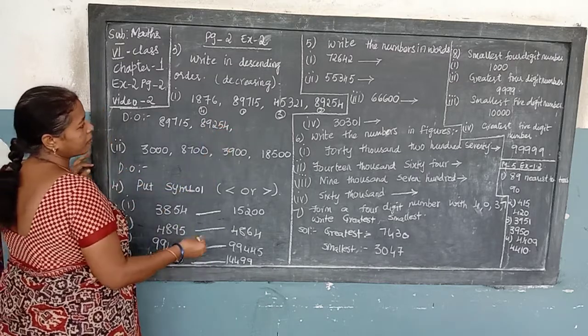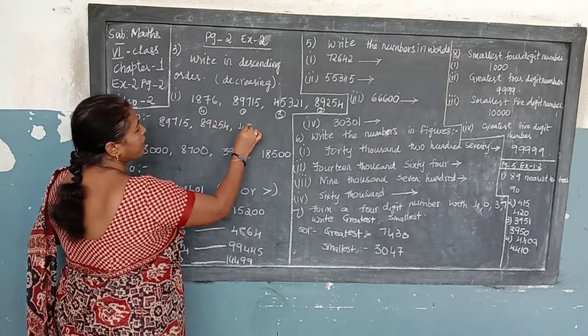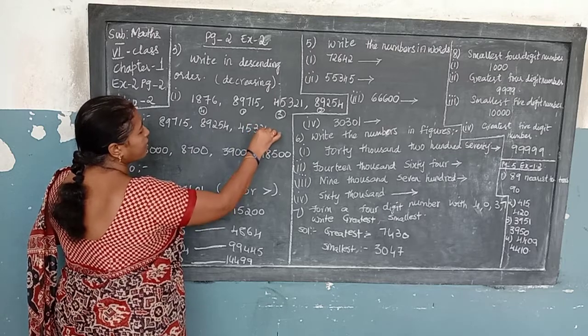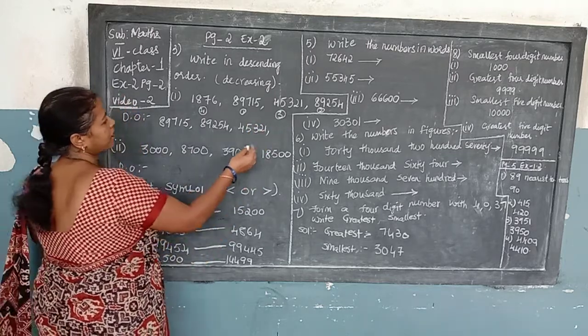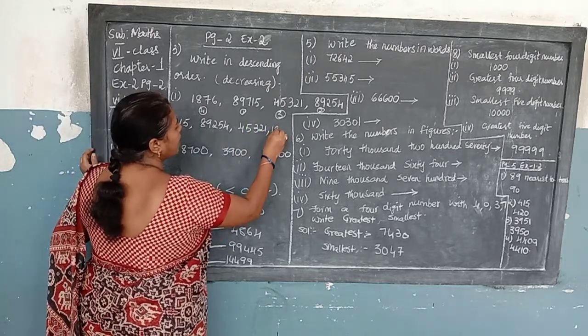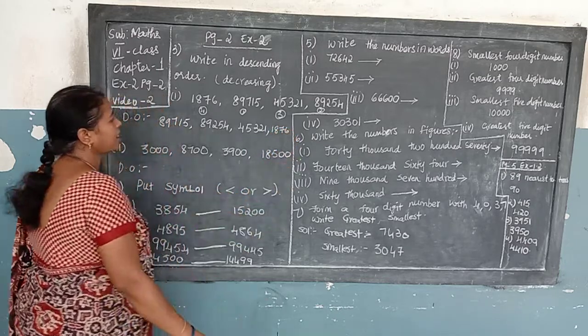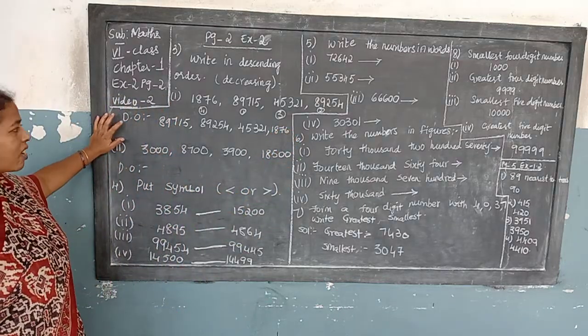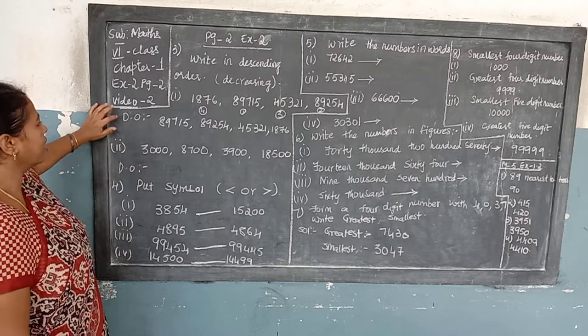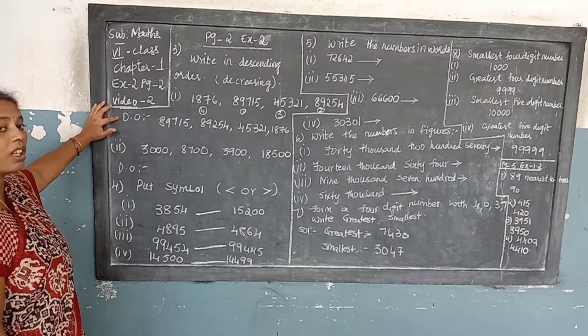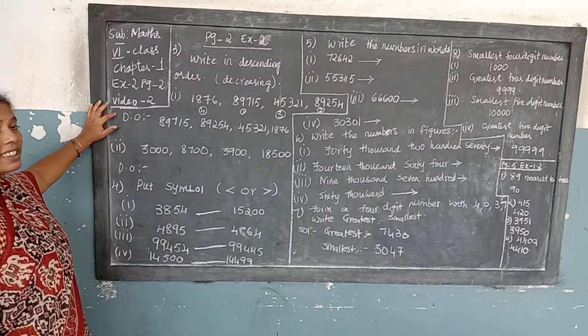Next comes 45,321. Next comes 1,876. Okay, so this is the decreasing order for the first one. You will say descending order.